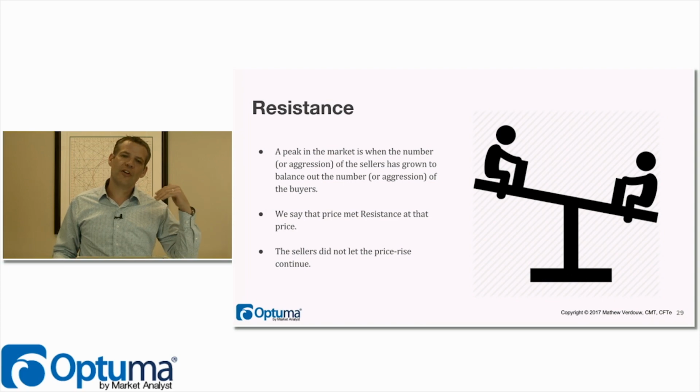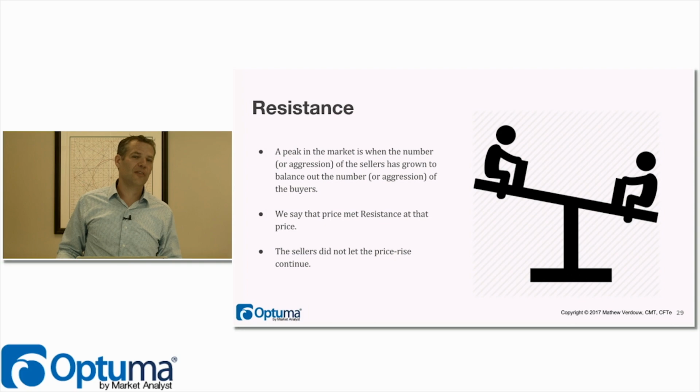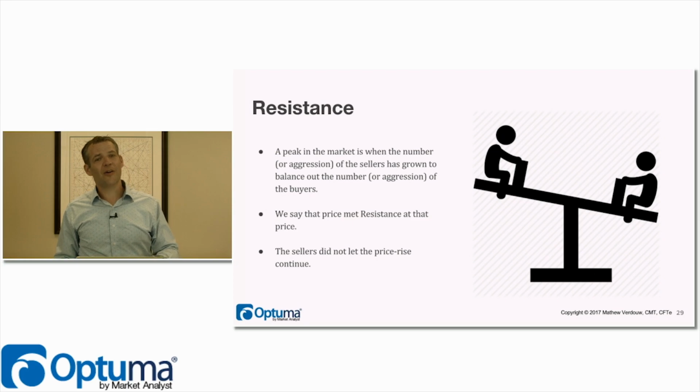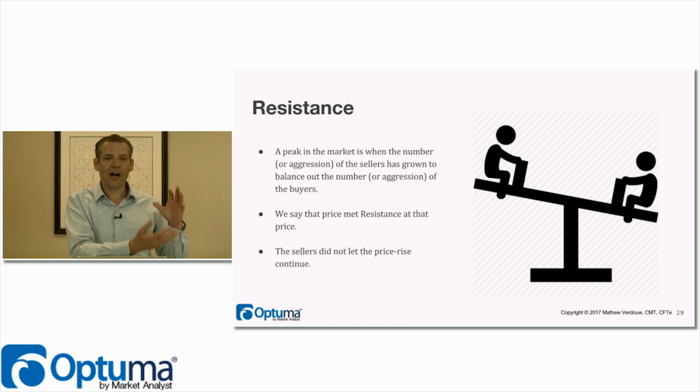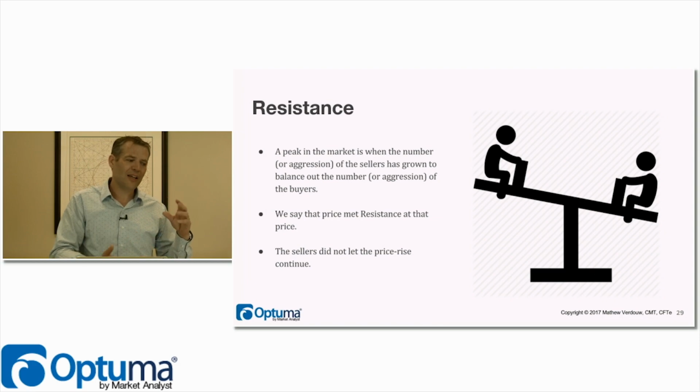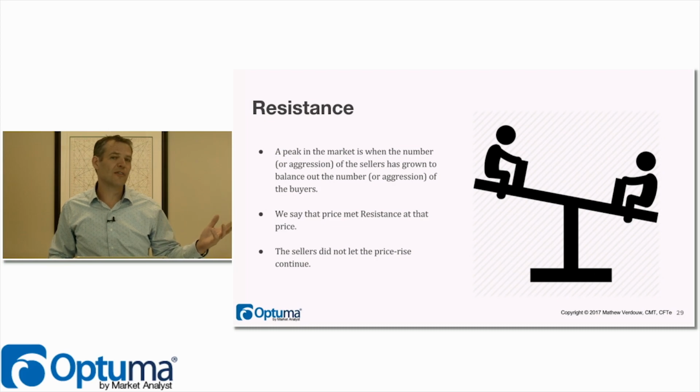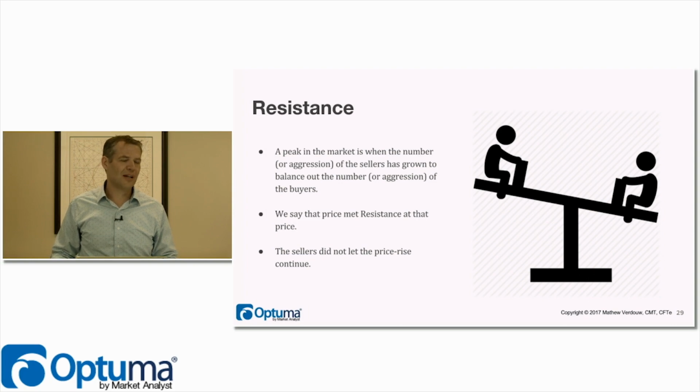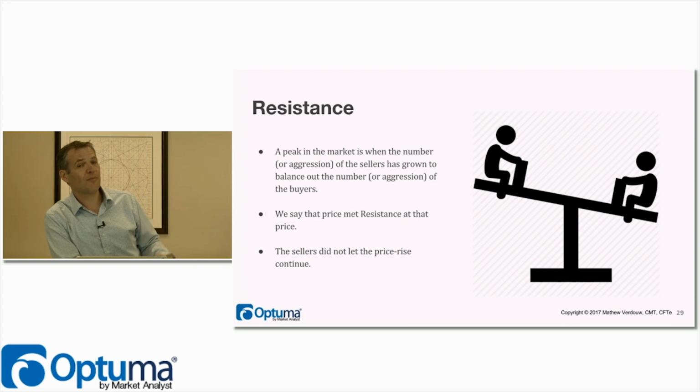But as the price continues to go up, more and more people who are holding the security are going to say, hang on, this is a nice tidy little profit, and yes, I may have some capital gains issues here, but I want to lock in some profits. So suddenly the sellers start to increase, and the price has gone up, and even based on dividends or my earnings per share, my price to earnings ratio just doesn't seem to make as much sense anymore. So maybe I don't want to buy anymore.